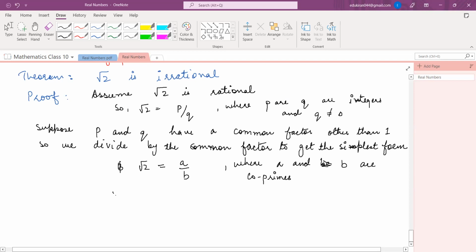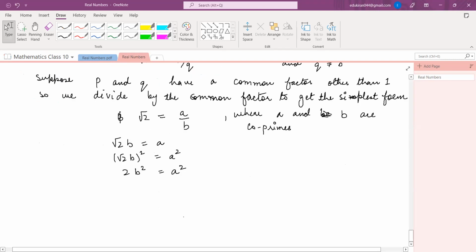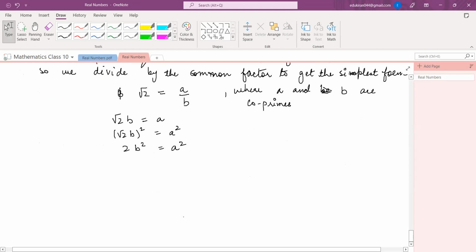So this root 2 into b is equal to a, and just squaring both sides. So root 2 into b whole square is equal to a square, and you get 2b square is equal to a square. Clear? So now you can see that 2 divides a square. I mean, this 2 will go in the denominator and it will divide a square.